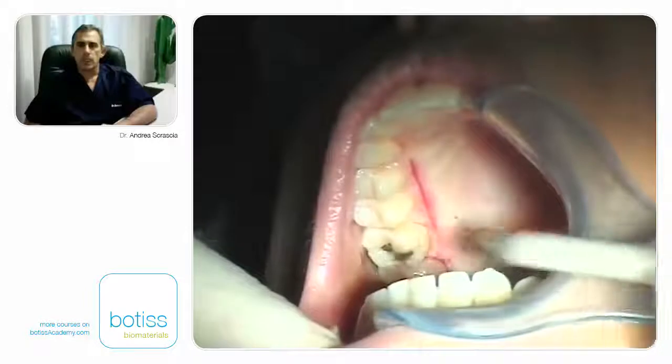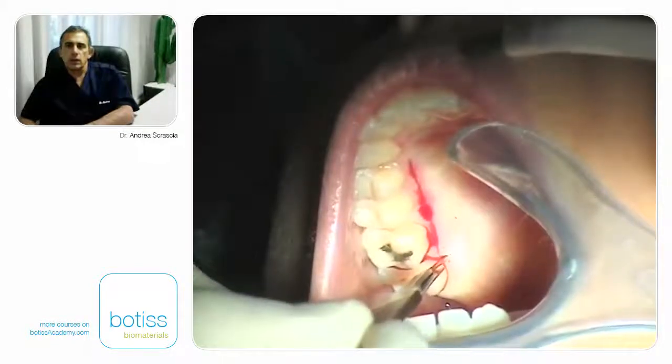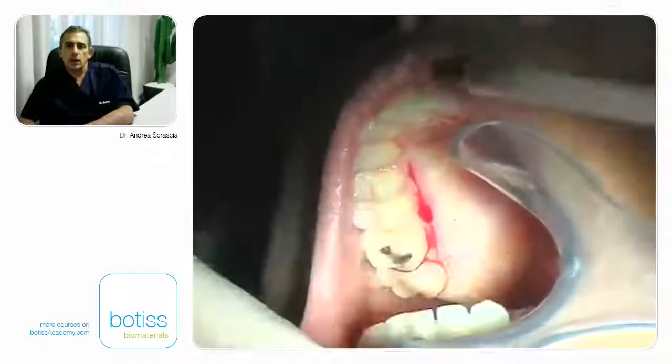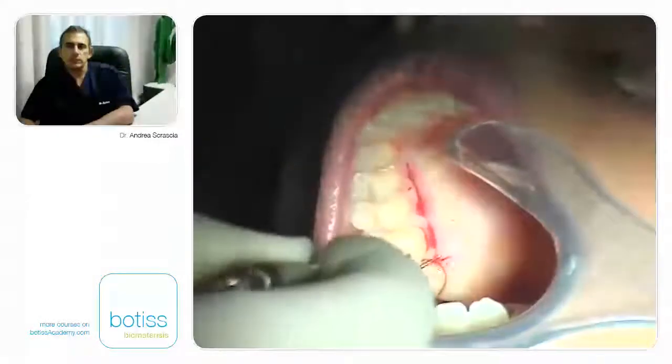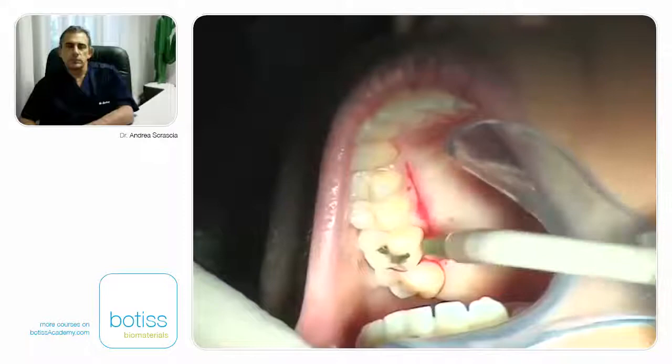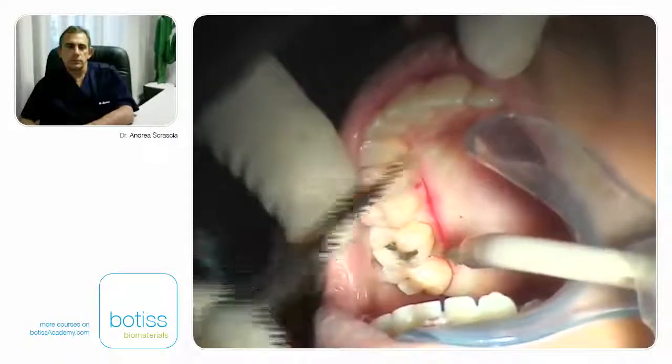So, at this point, insert the blade to do the 2 vertical incisions. This is the other one.